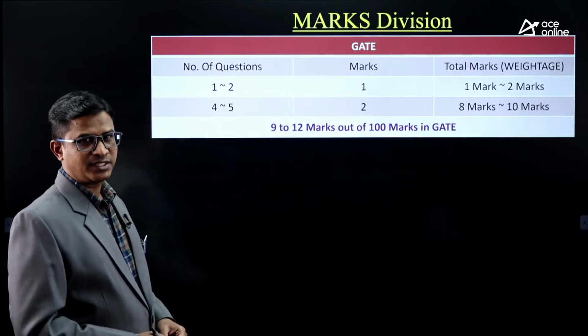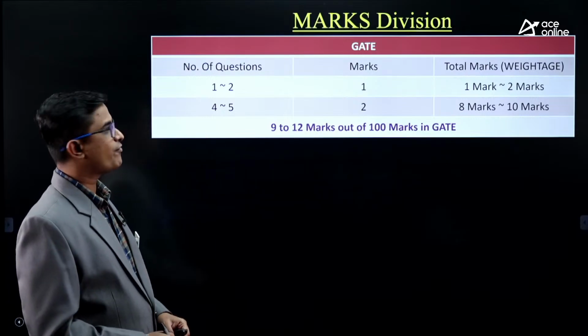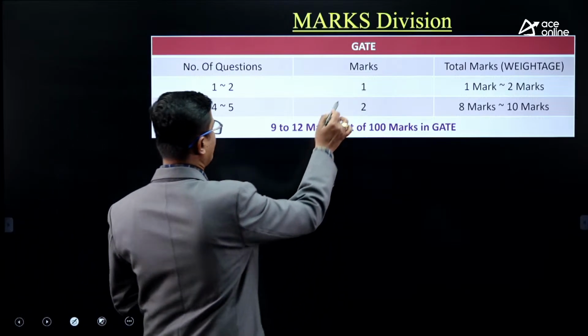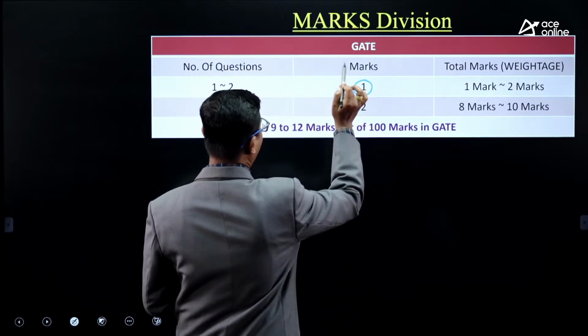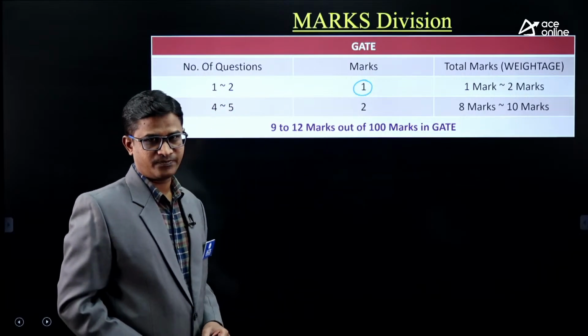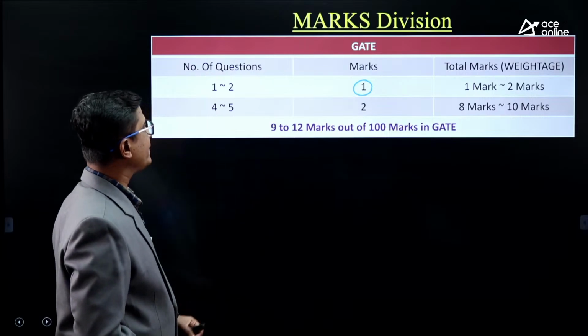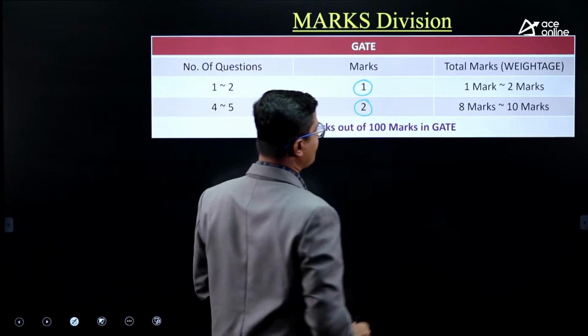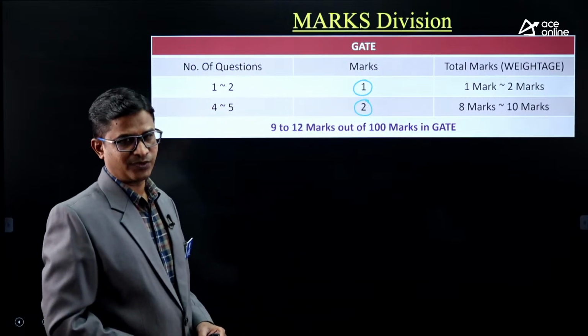Generally, on an average, in each exam, you will find 1 to 2 questions of 1 mark each. So altogether, that will be 1 to 2 marks weightage. And 4 to 5 questions of 2 marks each. So altogether, that will be around 8 to 10 marks weightage.